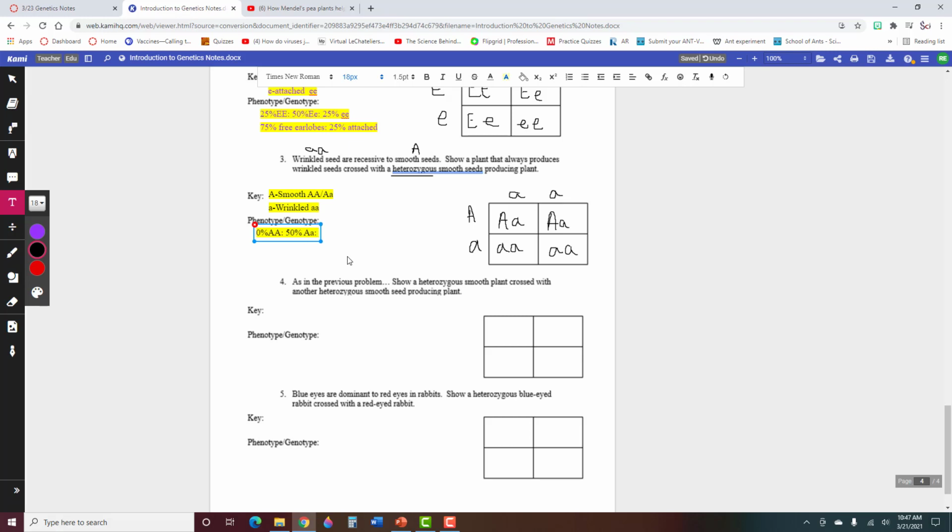And then the other one is lowercase, and again we got 2 out of 4, so that would be 50% of the lowercase trait. All right, that's genotype. So then for phenotype, we had round or smooth and wrinkled. So for wrinkled, which would be lowercase a, we got 50% wrinkled. 2 of them are wrinkled, and the other 2 are smooth.